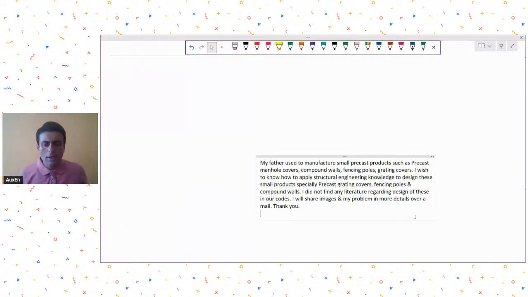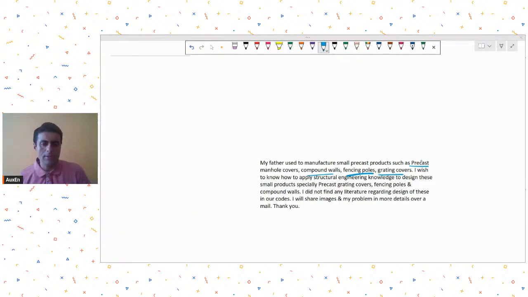Okay, so I have seen a few concept drawings for these types of small products, like precast poles or fencing poles, grating covers. In those design documents that I had seen, the design was being done by the normal RCC design procedure.